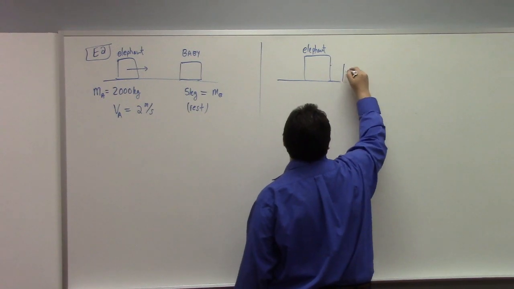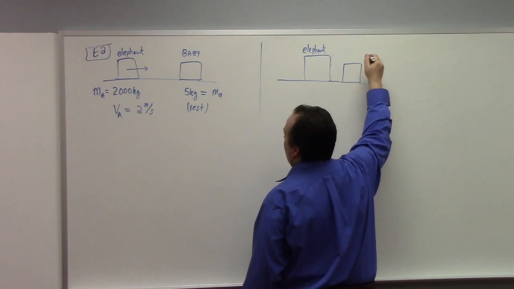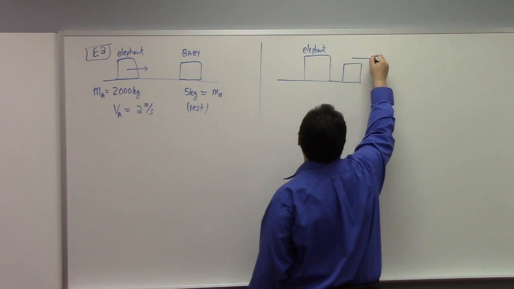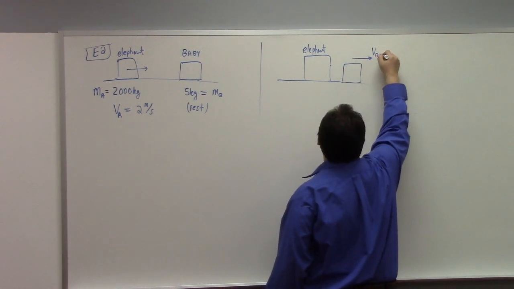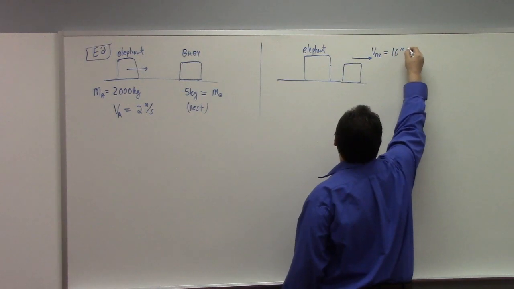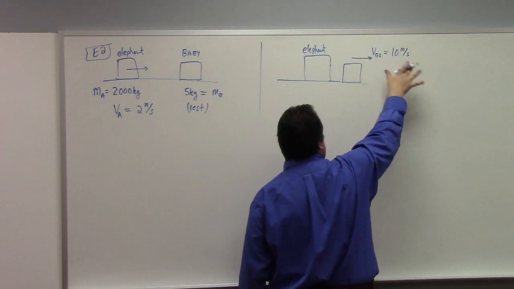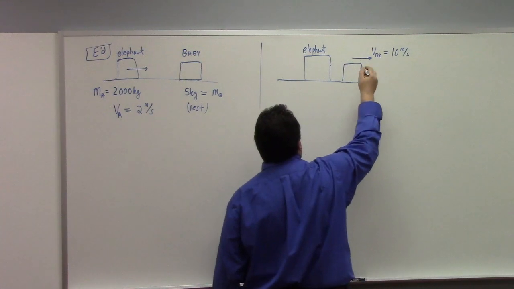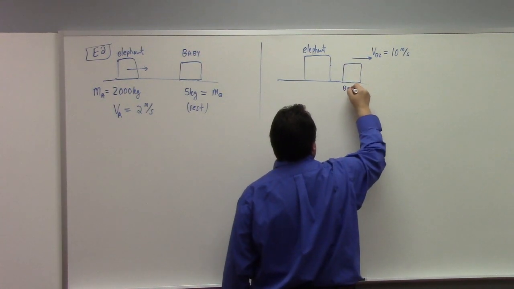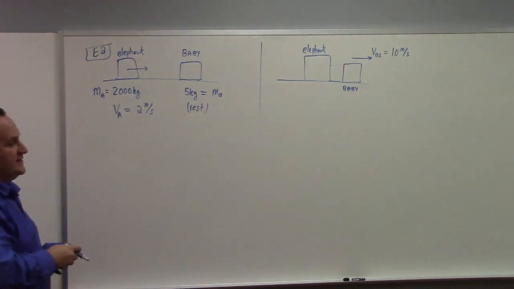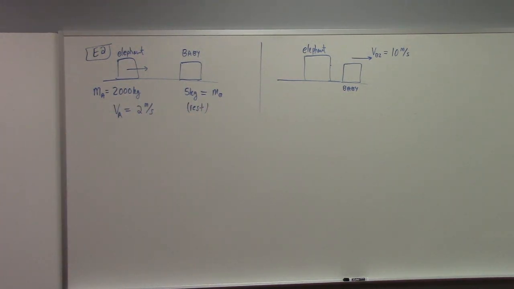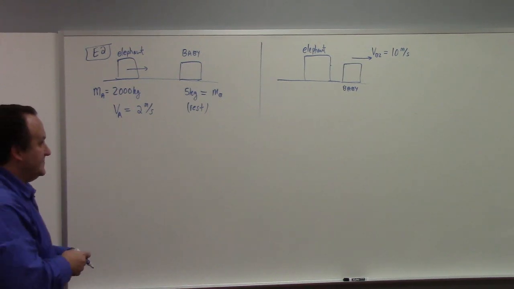The elephant whacks the baby, and just after the elephant whacks it, the baby has a speed of VB2, 10 meters per second. Don't worry, there's something cuddly it can fall into over here. It's going to be fine. So the question I have is, what is the velocity of the elephant right after this collision?